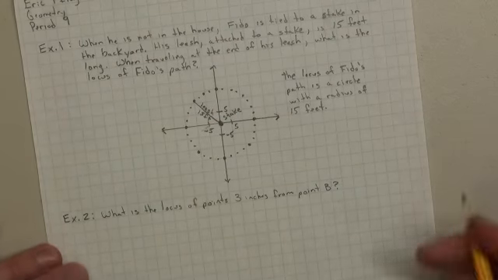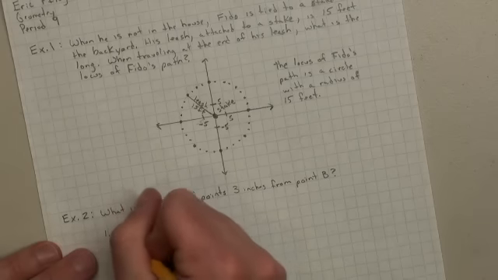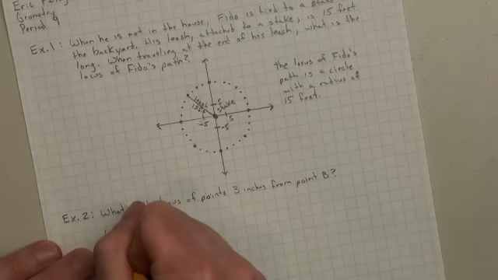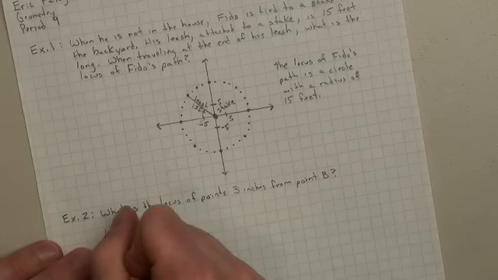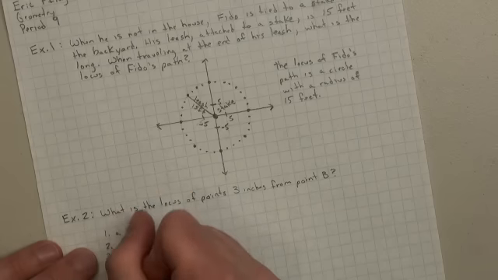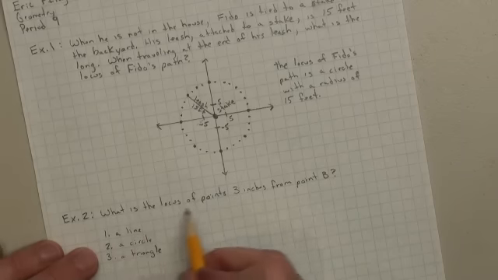And let's just make this a multiple choice problem. Let's say 1 says a line, 2 says a circle, and 3 says a triangle. So the locus of points 3 inches from point B.